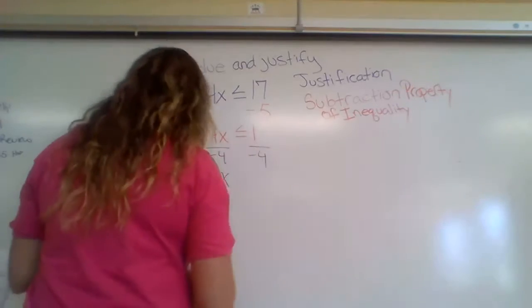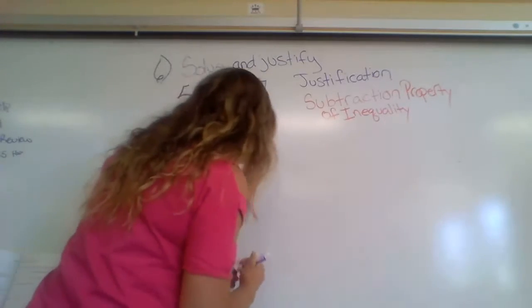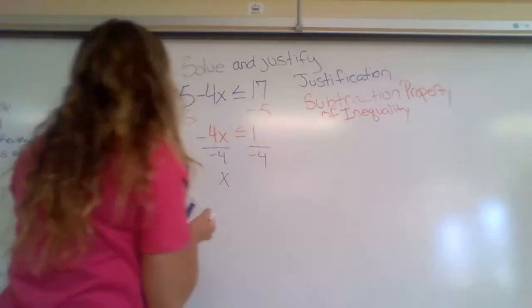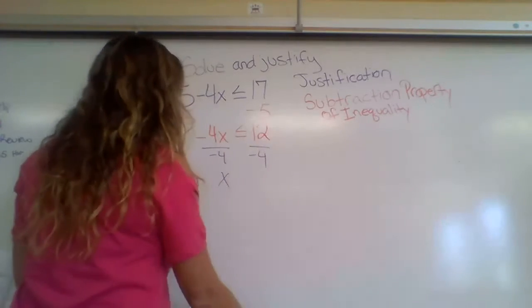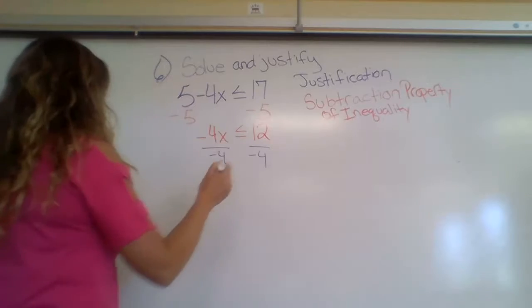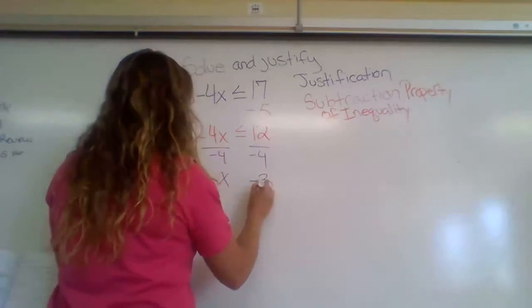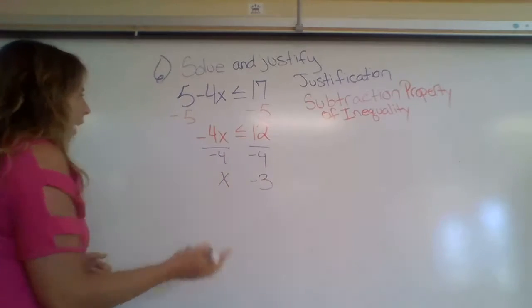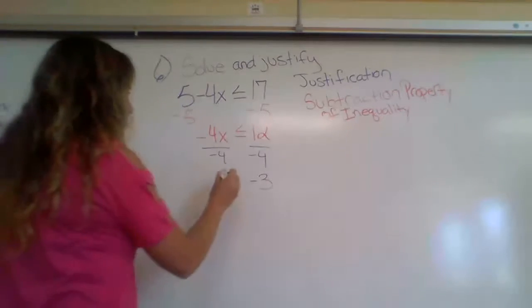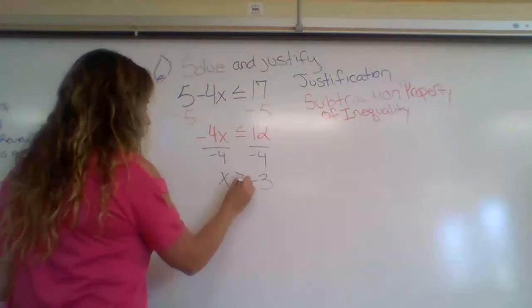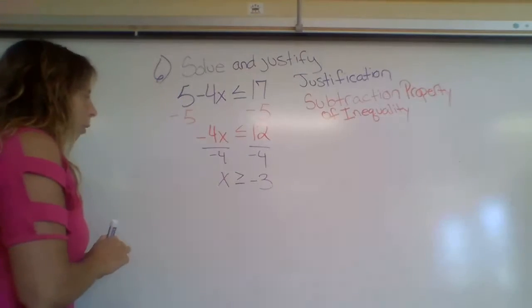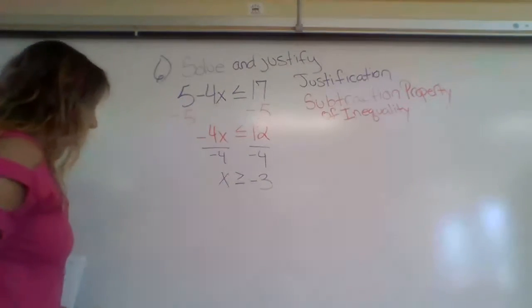That should be 12. 17 minus 5 is 12, not 17. My bad. So then this is going to be negative 3. But then we divided by a negative number, so you have to flip your sign. So instead of less than, it's going to be greater than. Make sure you flip your sign if you multiply or divide by a negative.